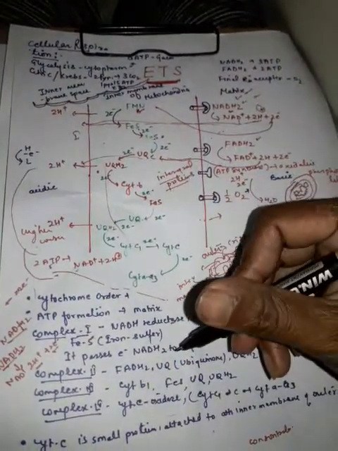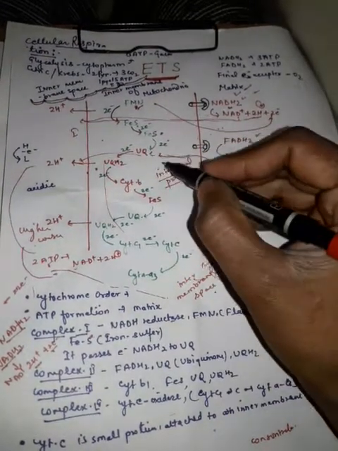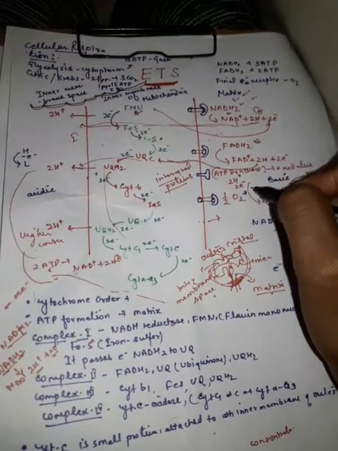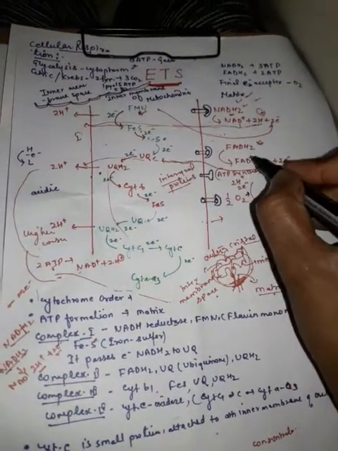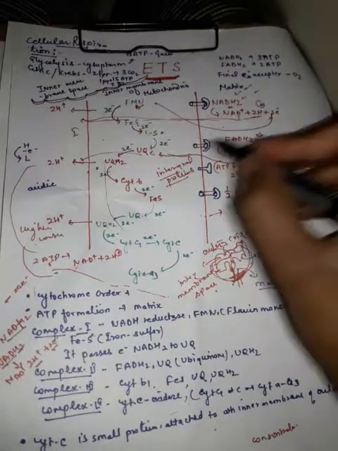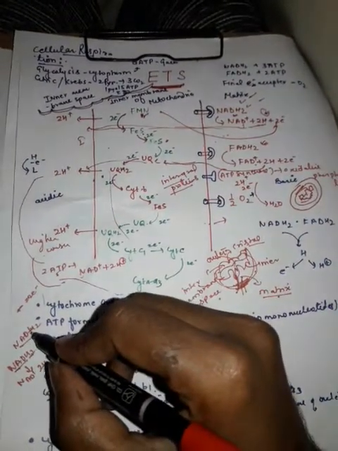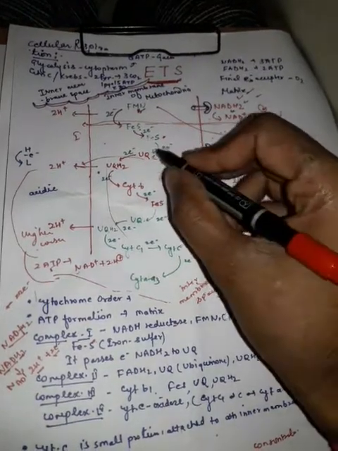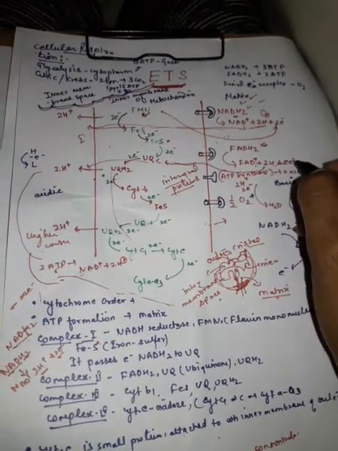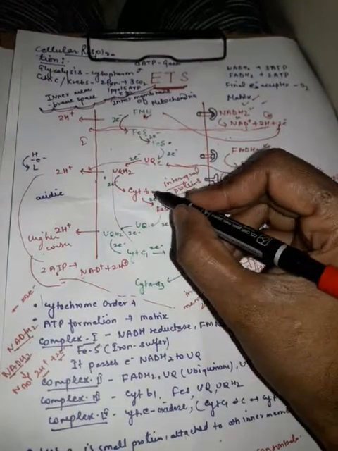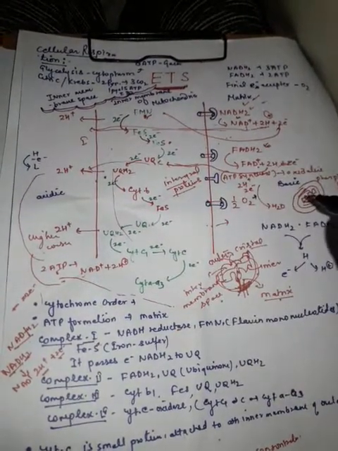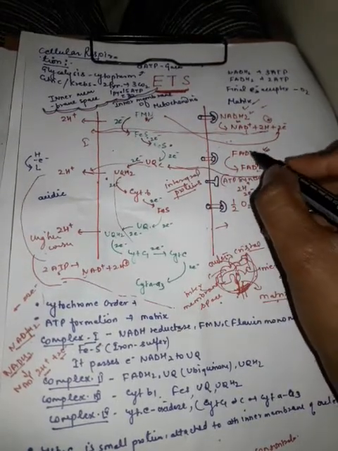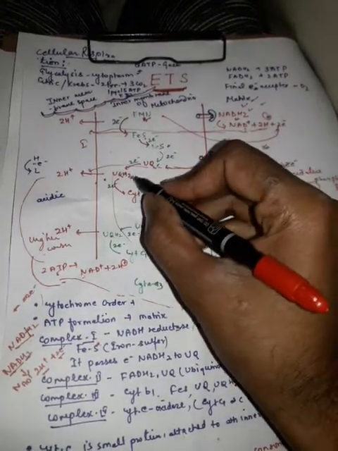The second complex involves FADH2, UQ and UQH2. This FADH2 will break down to FAD, the same process as in the breakdown of NADH2, okay. So when these electrons are formed, UQ captures these electrons and they move through SDH B and FeS, means FADH2 to UQ to UQH2.